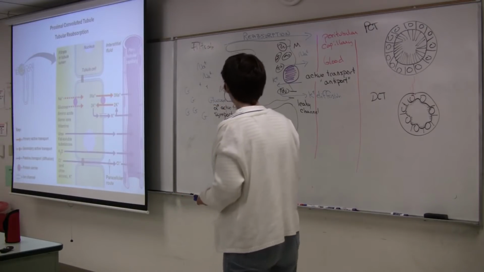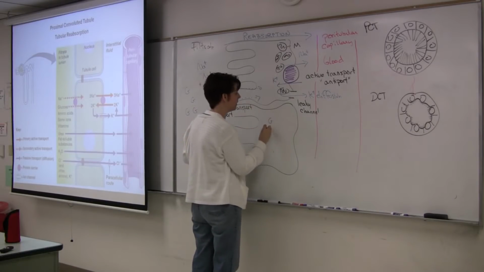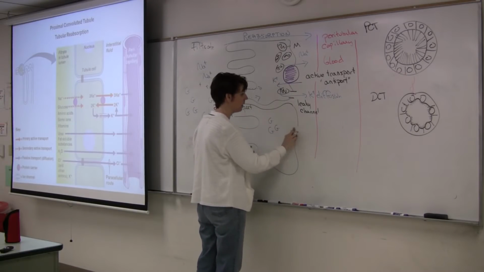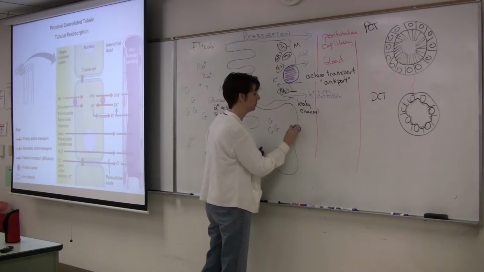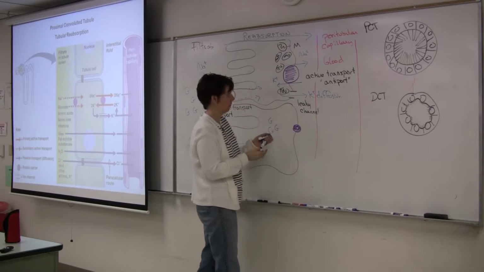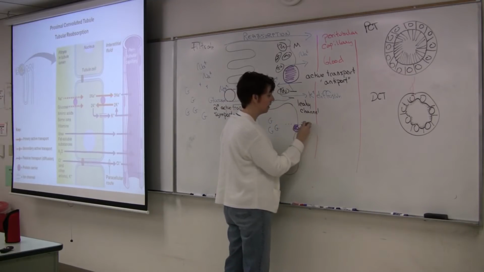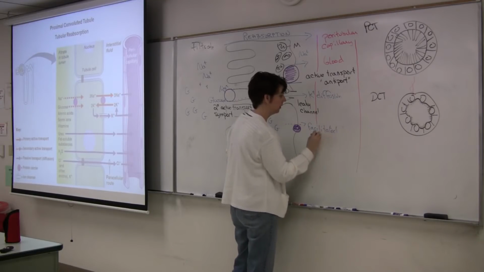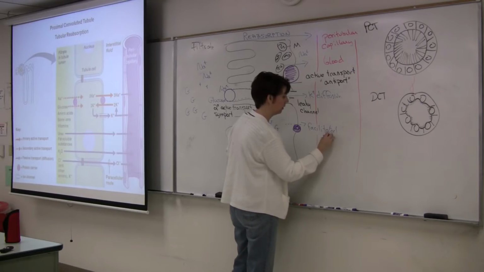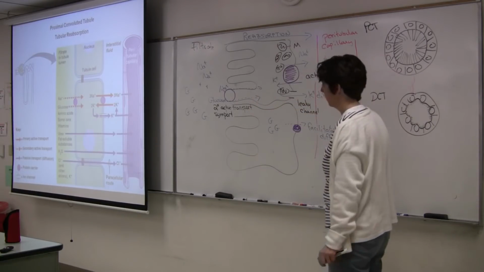Once the glucose gets in the cell, it actually leaves via facilitated diffusion, which is a form of diffusion, but it requires a protein molecule to enable it to cross the plasma membrane.